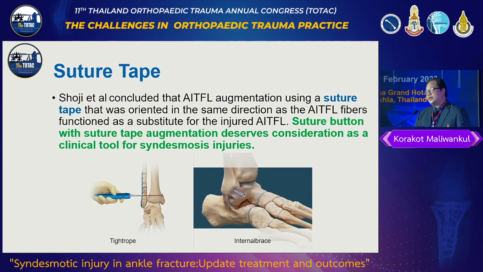For the novel things, if you use the suture button, there is evidence to support the suture tape technique to help augment at the AITFL level. So at this time, many surgeons recommend the suture button combined with the suture tape technique at the AITFL.